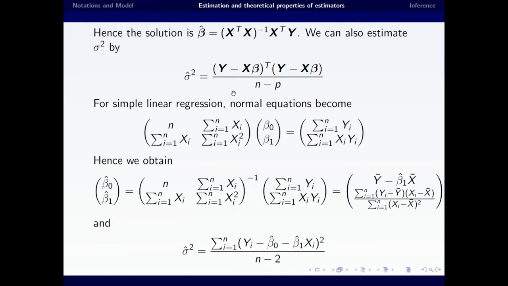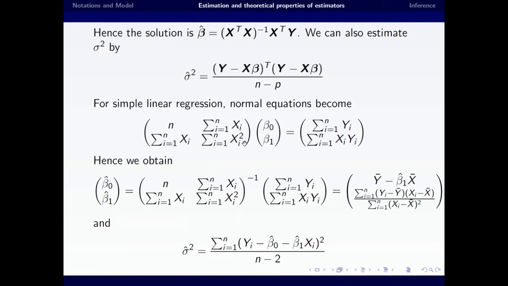And then for the simple linear regression, the normal equations become, so this is the x transpose x. In simple linear regression, we have beta 0 and beta 1.